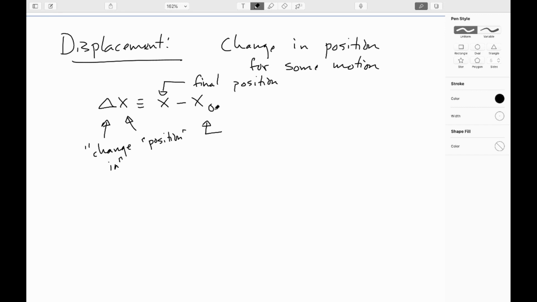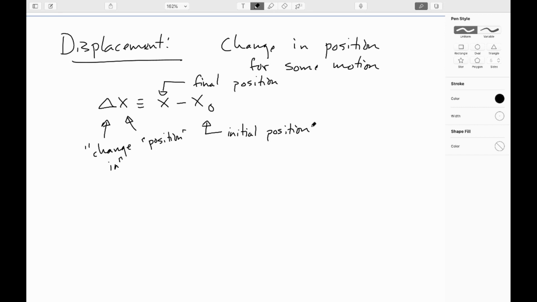So you could call it x sub 0, but everybody calls it x naught. And whenever you put a naught on something, that almost always means the initial value for something. So in this case, this would be the initial. That's what the naught subscript means. Initial what? The x means position.